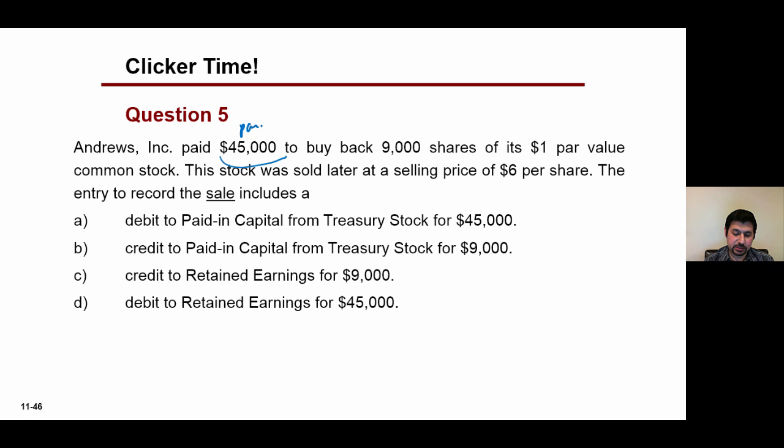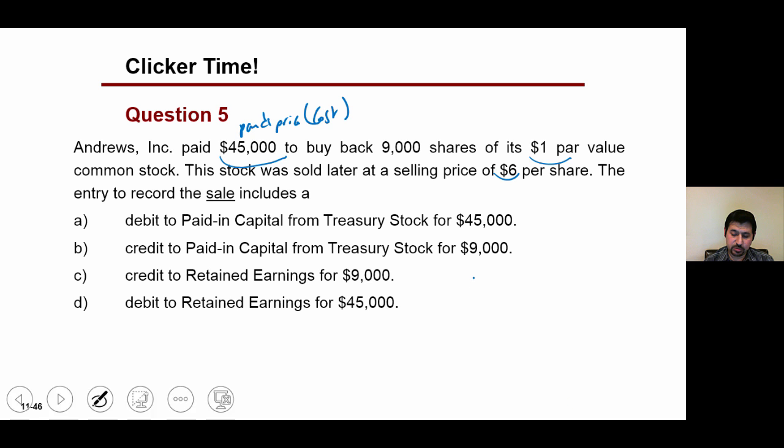So this was the paid price. This is the cost of acquiring treasury stock, and then we have the par value.